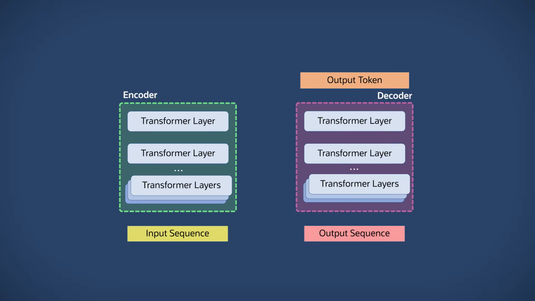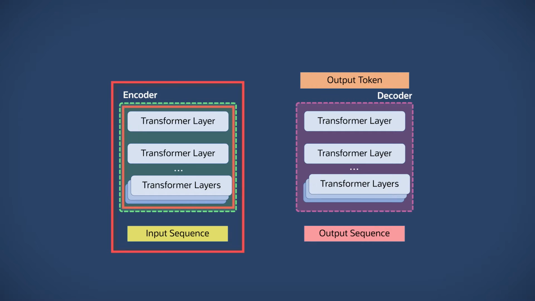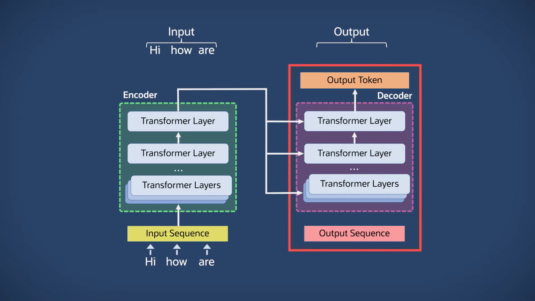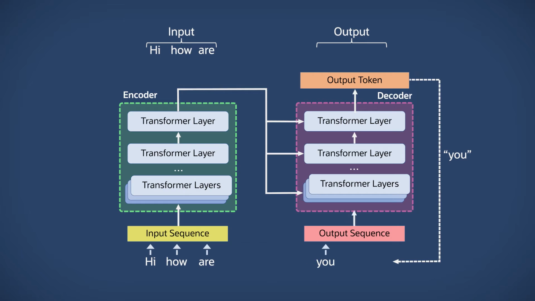Here is an example of Encoder-Decoder transformer model. The encoder part of it is represented by a stack of transformer layers, converting input sequence into a set of highly contextualized embeddings. The decoder part takes input embeddings and iteratively produces output sequence of tokens, generating a single token at a time.